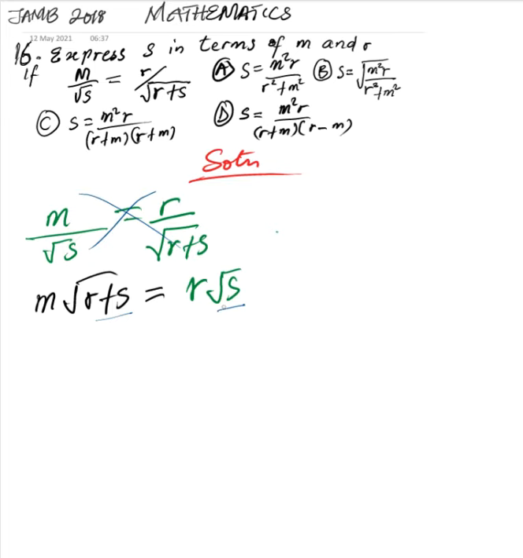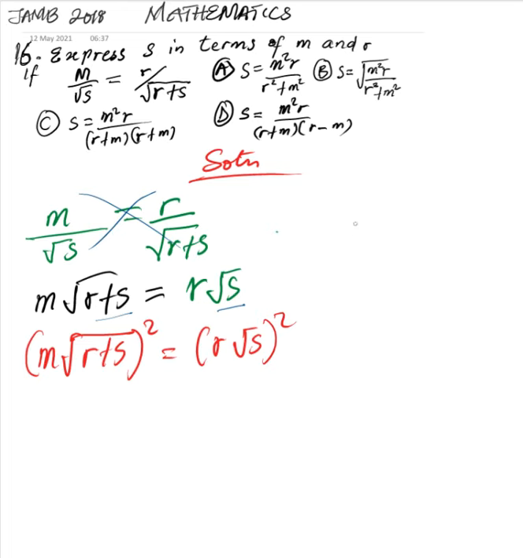So to remove this square root, we have to square both sides. We're going to have M root R plus S squared equal to R root S squared.